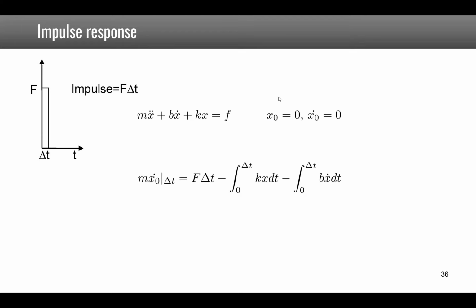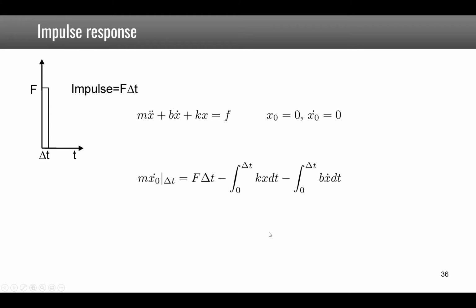If we integrate those equations, we have on the left m times the velocity at time delta t, because the velocity at time 0 is 0, which is equal to F times delta t, so the integral of F over this time, minus these two terms.